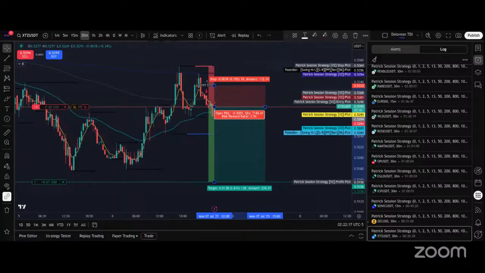Again, another 30-minute confirmation. Normally an indicator, we're going to see a lot of that tonight if we do have additional opportunities to enter the market.